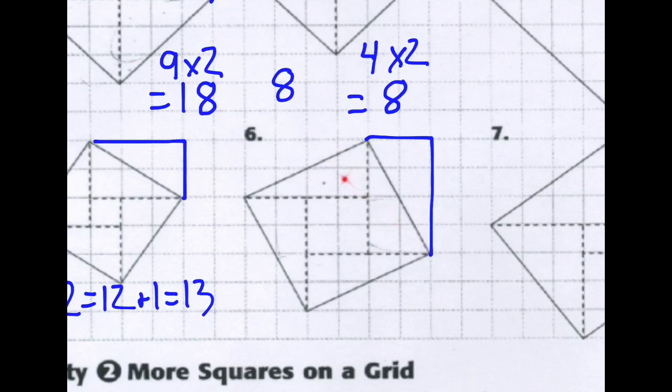So when I count up this rectangle, that will be 2 of those triangles. So 1, 2, 3, 4, 5, 6, 7, 8. 2 of them makes 8. 4 of them I'd have to double, so that's 16. Plus the 4 in the middle. That means the area of this one is 20.